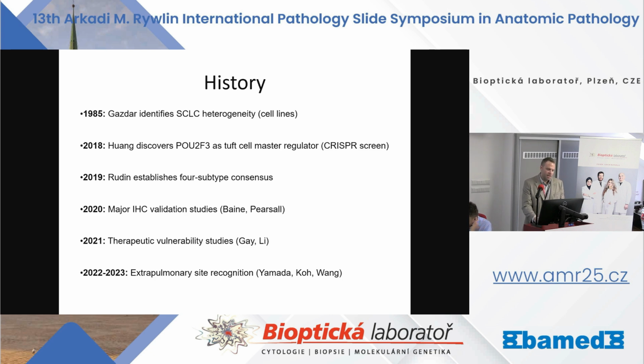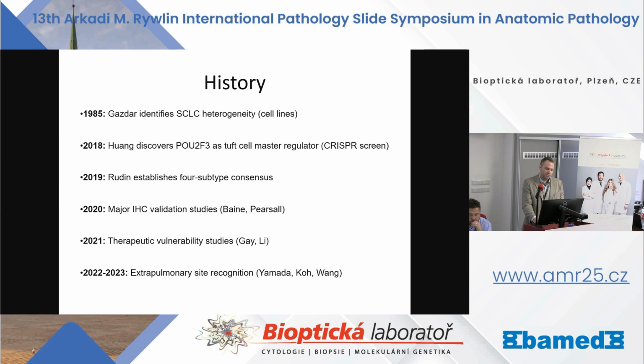And so, anyways, this Gazdar paper, actually Dr. Carney was on this paper as well. They actually showed in cell lines that there were these different types of small cell neuroendocrine carcinoma.